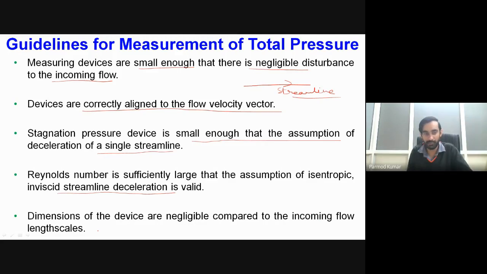This is also related to the size of the device. Otherwise, if its length scale becomes comparable to the dimension of the pipeline, it will lead to disturbances in the flow field which cannot be neglected.